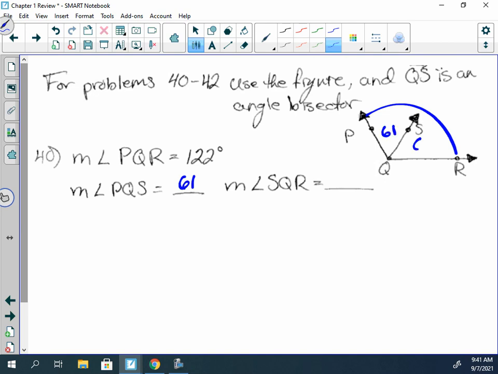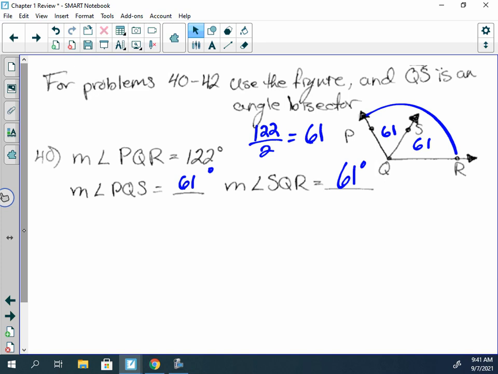Both of these would be 61. So PQS is 61. SQR is also 61, because we got that from taking 122 and dividing it by 2. Any questions on this here?